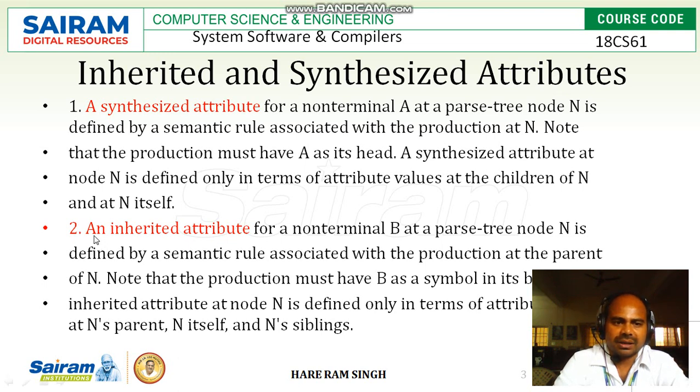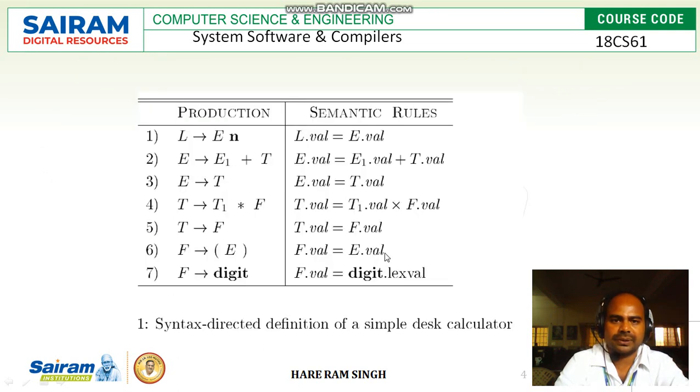Now, next one is inherited attributes. In an inherited attribute, the attribute at node N is defined only in terms of attribute values at N's parent, N itself, and N's siblings. If the attribute value is defined using its parent, itself, and its siblings, then it is called an inherited attribute.